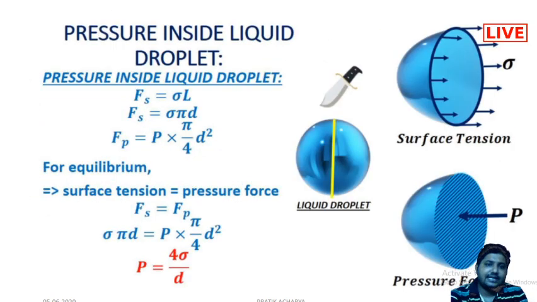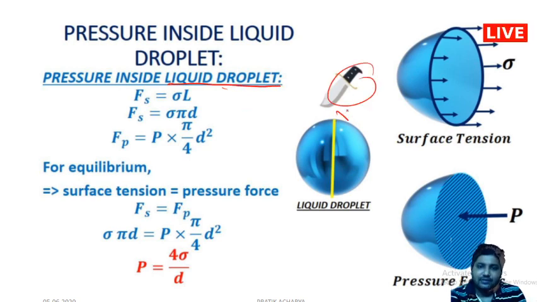Now take the example of a liquid droplet. Cut the droplet with a knife at the XX section and analyze it. The surface tension is created along the perimeter. The change in pressure is the pressure inside minus the atmospheric pressure outside.